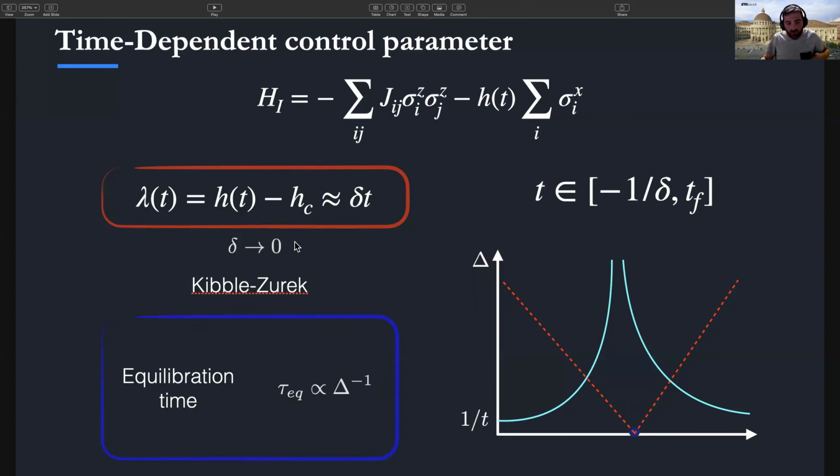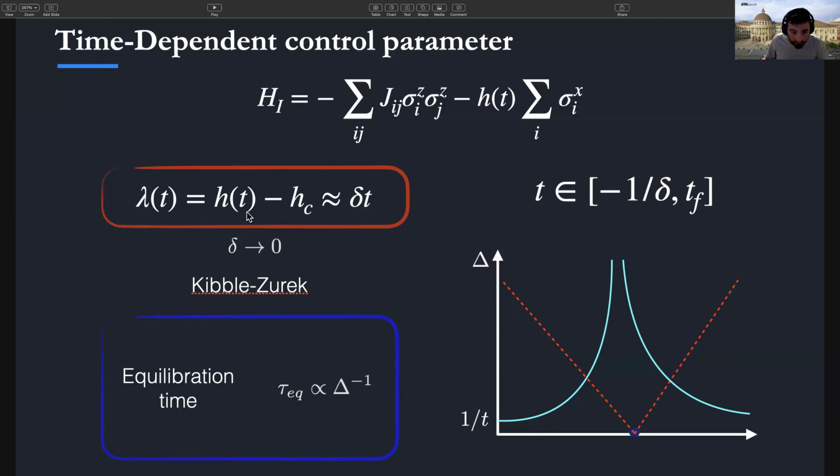And I call this procedure an annealing procedure because it's in the limit in which delta goes to 0. So I want to do the slow limit in such a way that I am at each time close to the instantaneous ground state. And basically, my dynamics is always going to start with initial time of the order of -1 over delta.